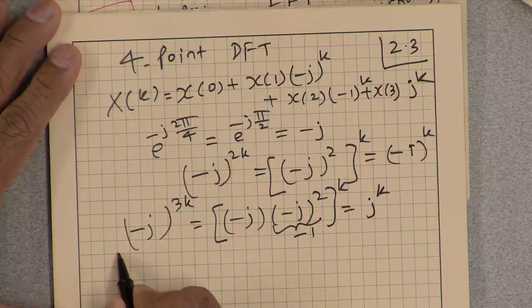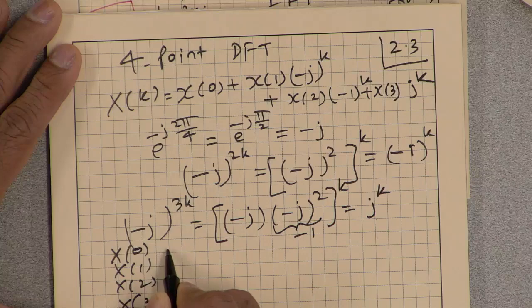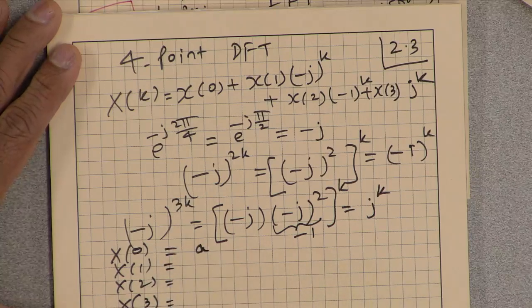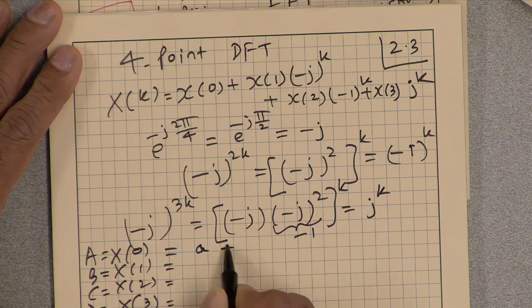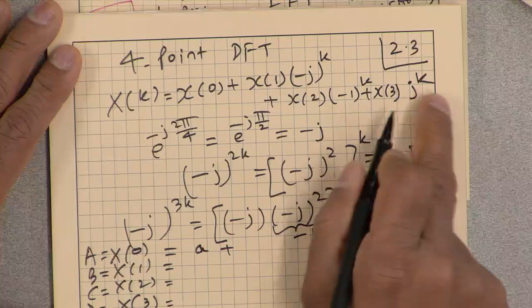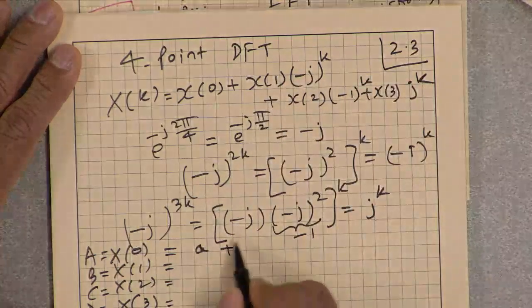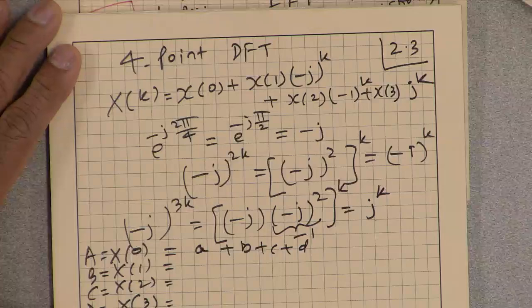Let's say that we are computing capital X0, 1, 2, 3. If I am computing these 4 points, let's call the inputs A, B, C, D. So if k is equal to 0, all of these to the power 0 is 1, so that's just A plus B plus C plus D. If k is equal to 1, then what happens?